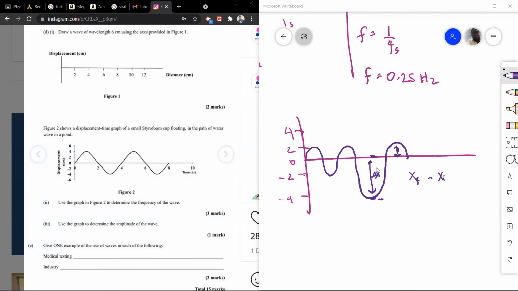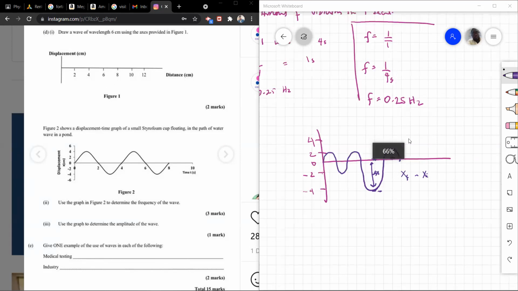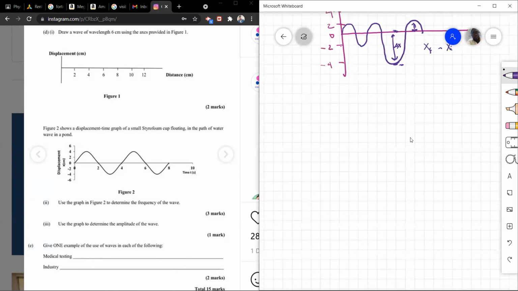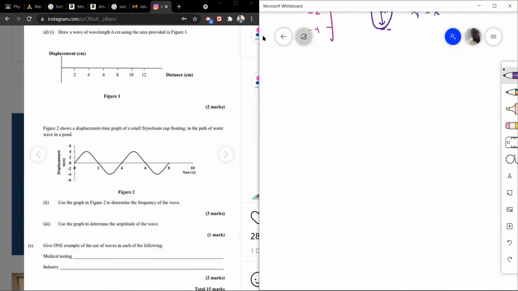All right. One use of waves in medical testing. What is it we use it for? Diagnostic imaging, like X-ray or ultrasound, for thyroid, stuff like that.